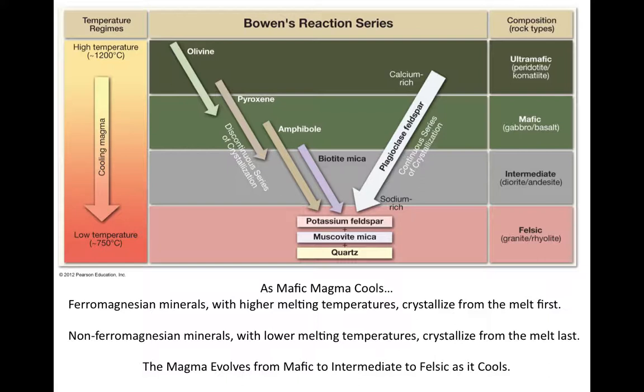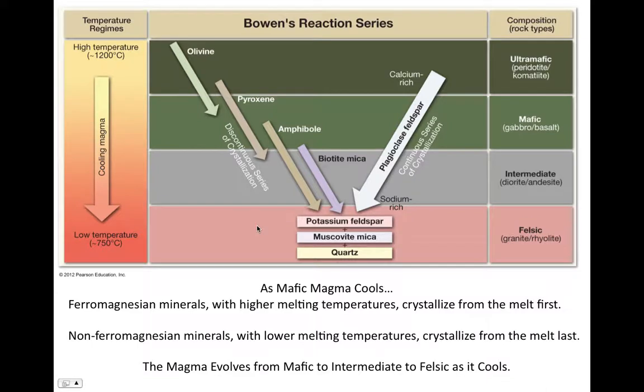Eventually they remove enough that there's very little left in the melt, and the remaining melt is mostly silica, sodium, and potassium. Whenever that silica, aluminum, sodium, and potassium crystallize, they form felsic minerals, non-ferromagnesian minerals. And so that is felsic magma.